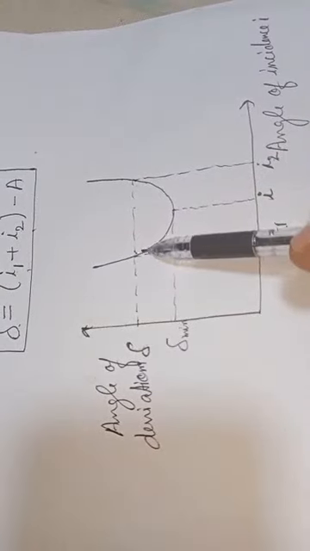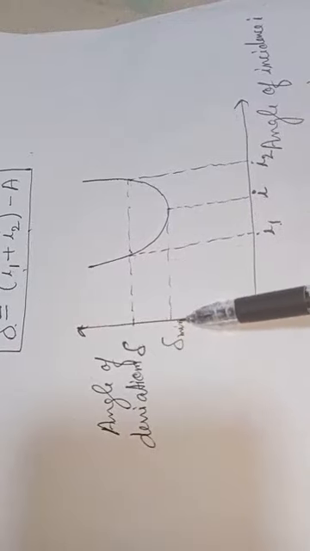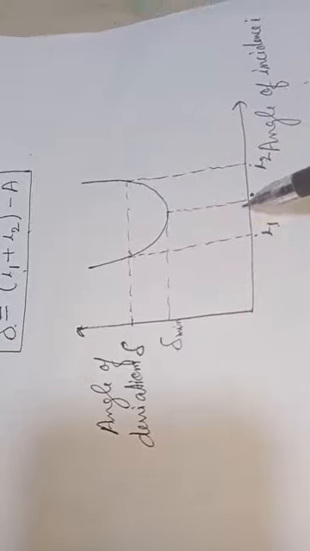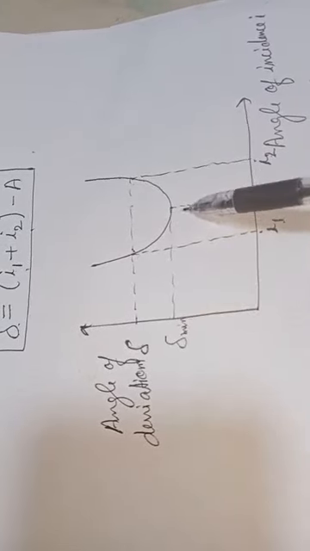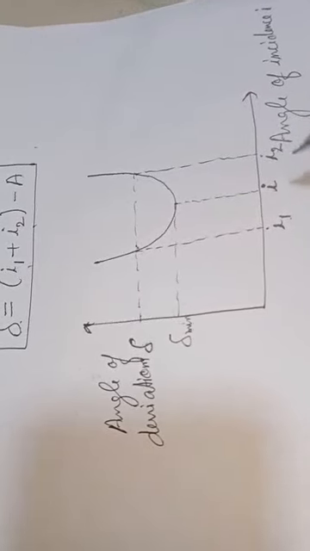When the angle of deviation reaches its minimum, the angle of incidence and the angle of emergence coincide. So for delta equal to delta minimum, the angle of incidence and angle of emergence become equal.